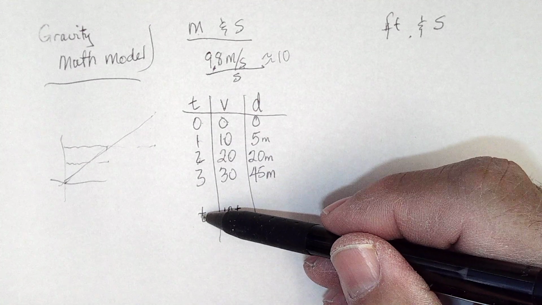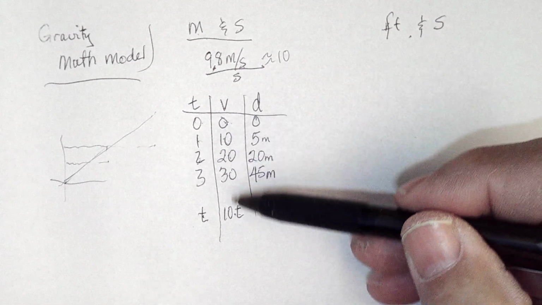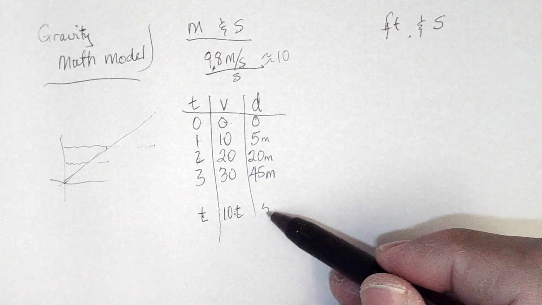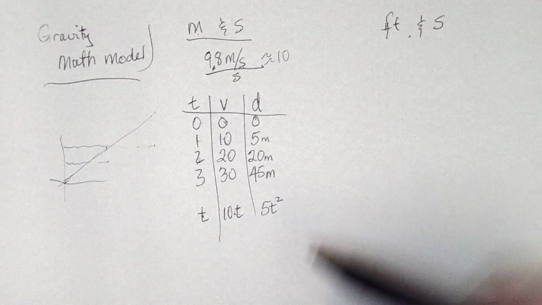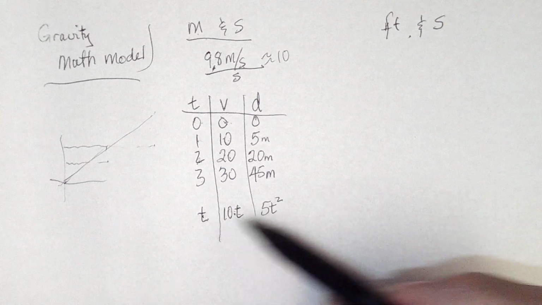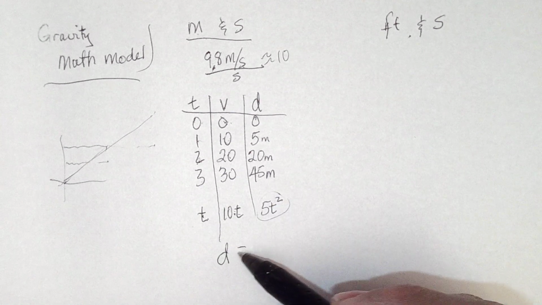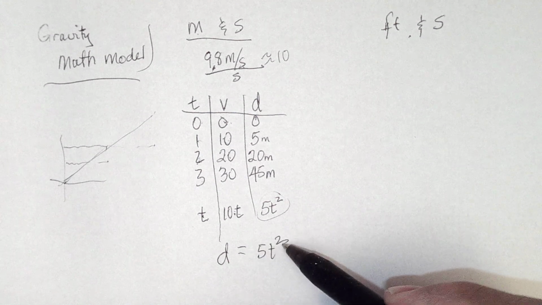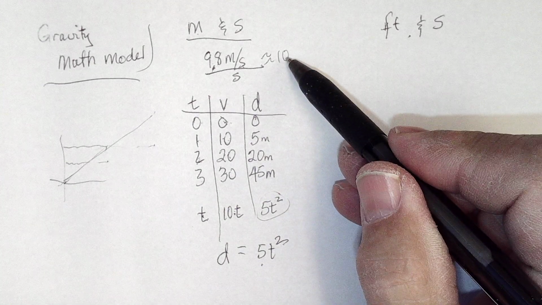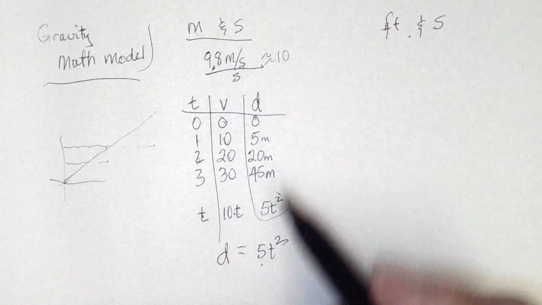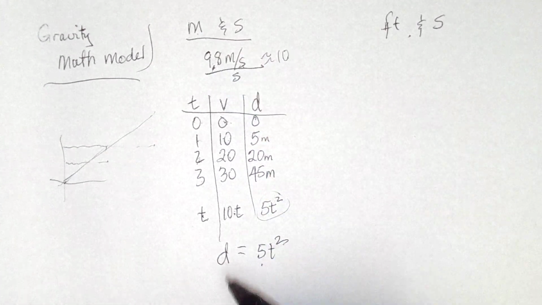After t seconds, it goes from 0 to 10t, which is an average of 5t times t, and so the distance is 5t squared. Okay, well, that's because I rounded off to 10. It's really 9.8, and so instead of half of 10, it's half of 9.8.